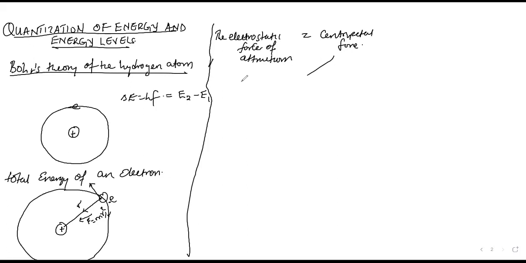Now, from Coulomb's law, you know the force of attraction is Q1 Q2 out of 4 pi epsilon r squared. I think you remember.